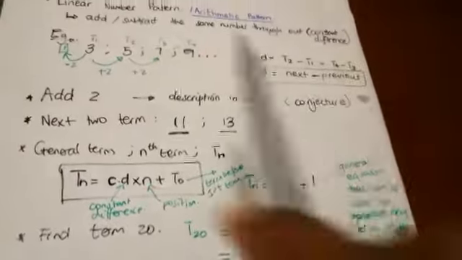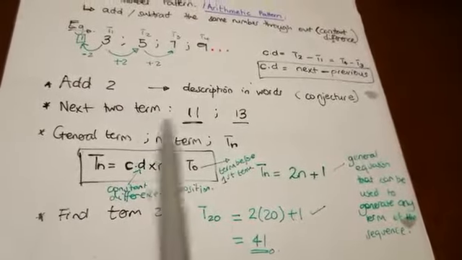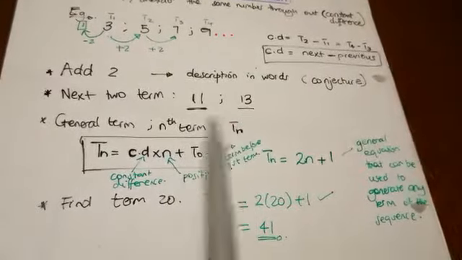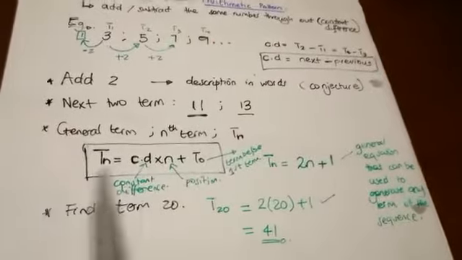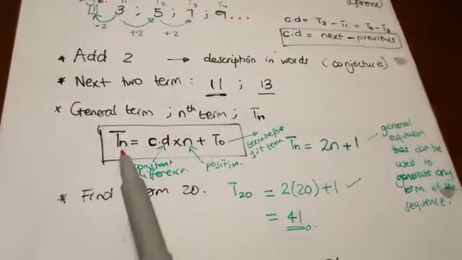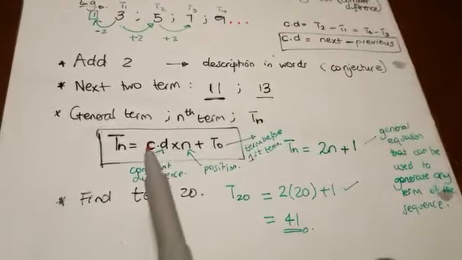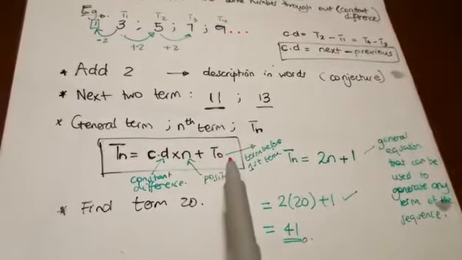So instead of listing the terms, you can just use the general formula, which is the nth term, Tn, to find the term. So how do we write Tn? The general equation for Tn is the constant difference times n plus T0.